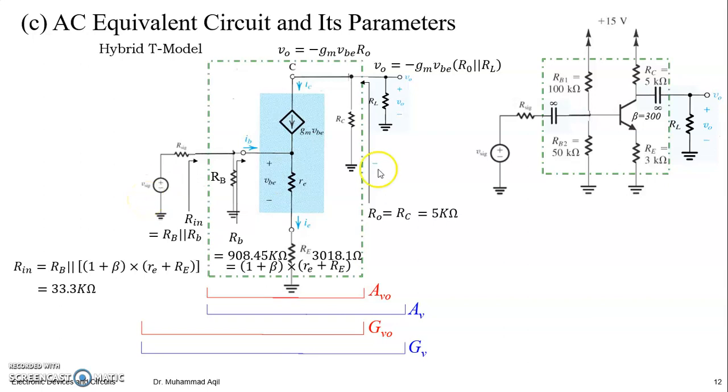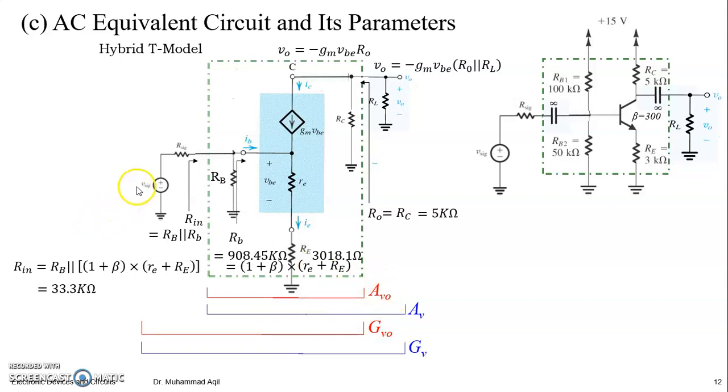We already wrote the expression of output voltage with RL and without RL. The one with RL will be used for these ones, and the one without RL will be used for these ones.